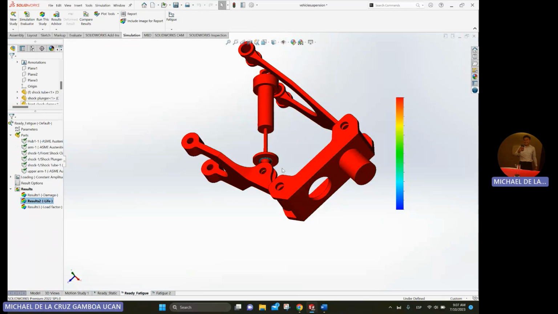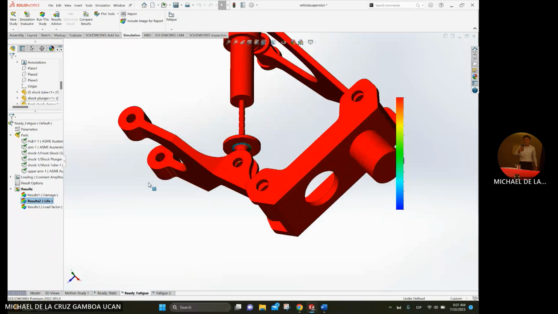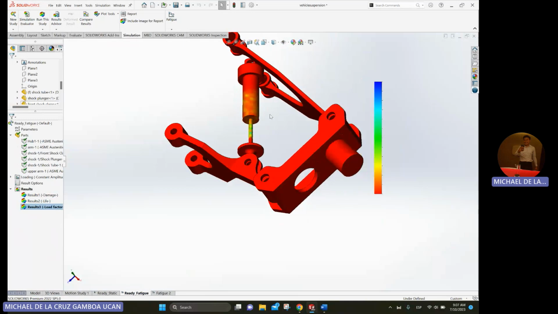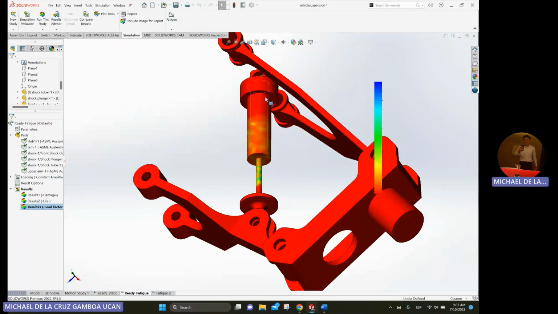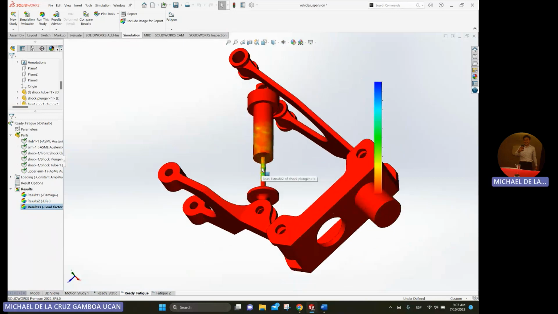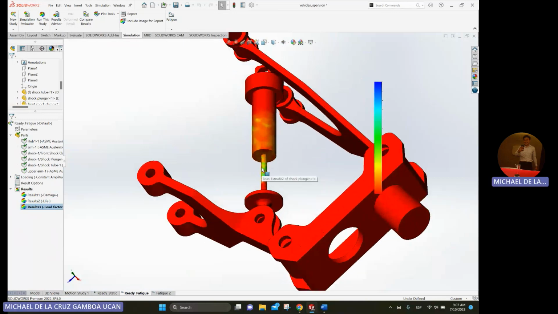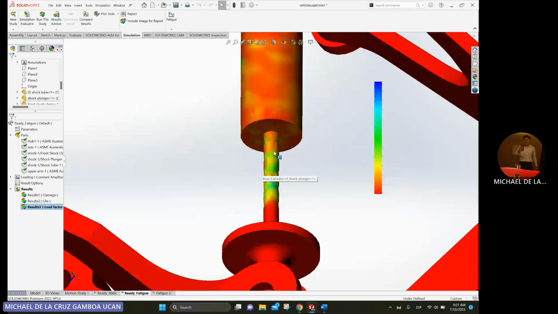That's okay, no problem. And here the load factor, es el factor de carga en español. We can see the most important part is here. It's part of a suspension. We can see how this piece suffers all the force applied.